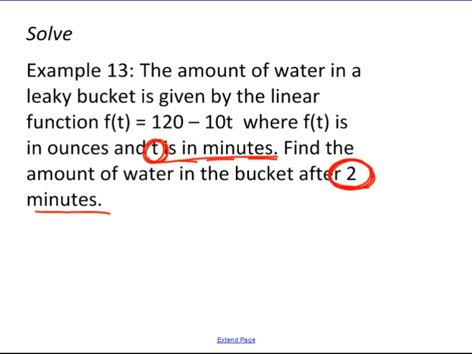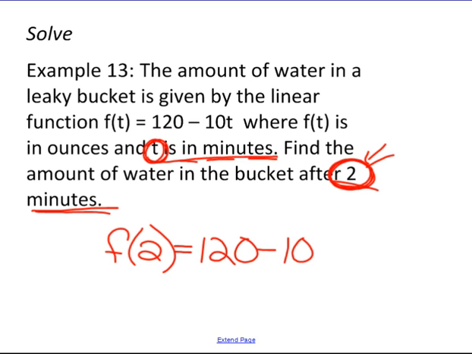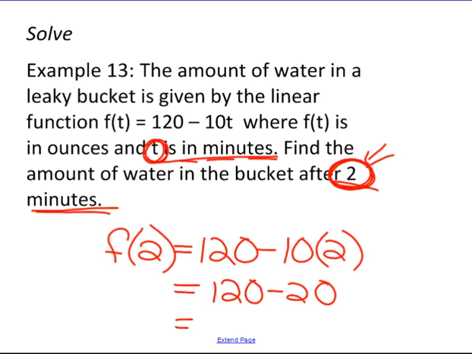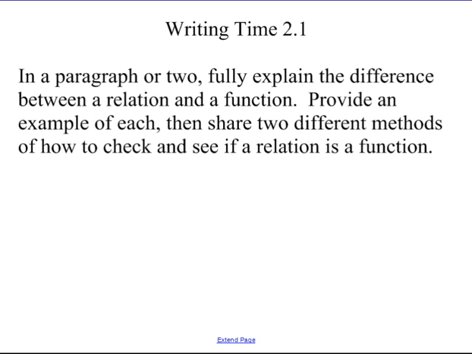T is in minutes, so this number has to be a t value. So my t value is 2. 120 subtract 10 times 2. 120 subtract 20 is equal to 100. Now it says f of t is in ounces, so 100 ounces in the bucket. All right.